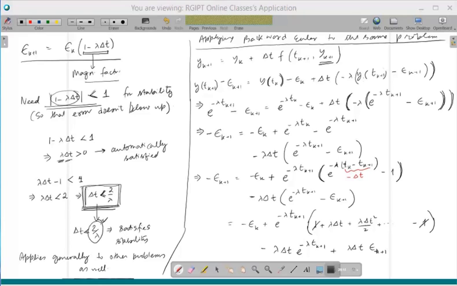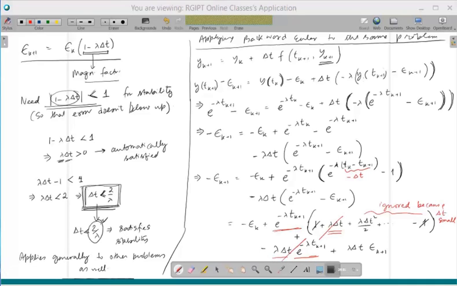Okay, all right. Now again, delta t being small, I can ignore higher order terms. Delta t square and cube and those terms are ignored because delta t is small. Okay, so the leading term would be lambda delta t multiplied with e raised to minus lambda t k plus 1, and I have another term with a minus sign here, lambda delta t e raised to minus lambda t k.